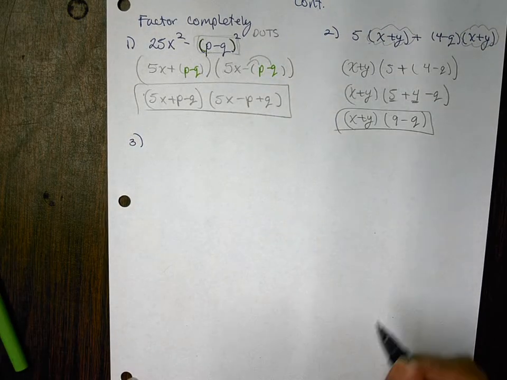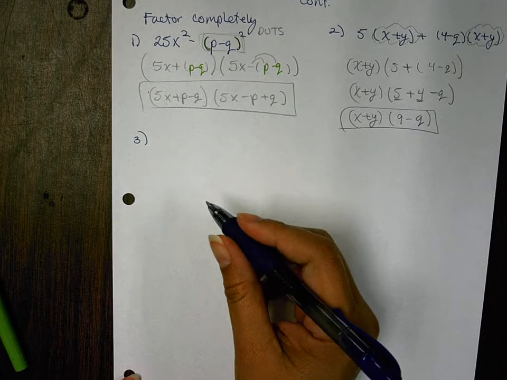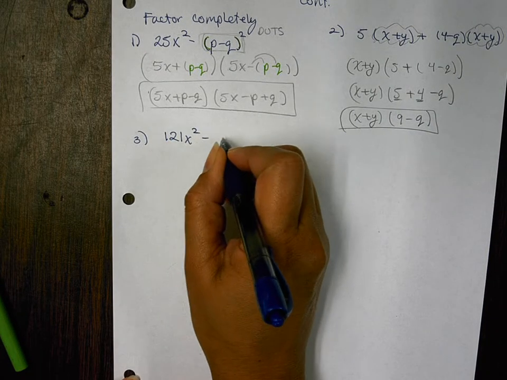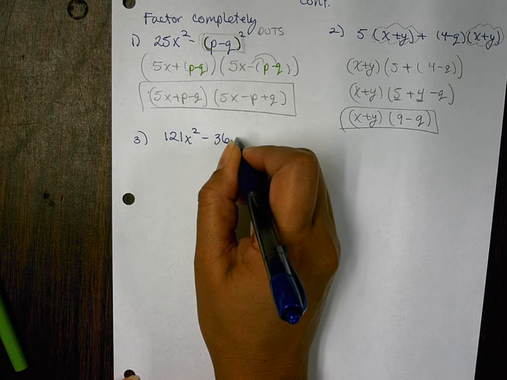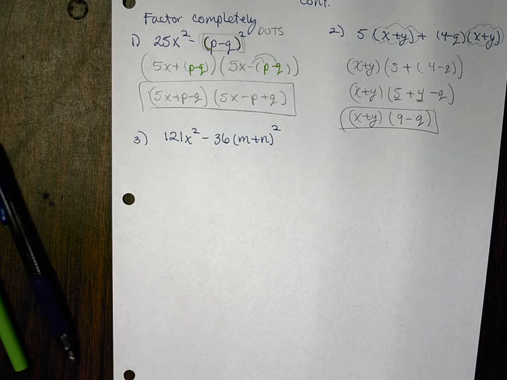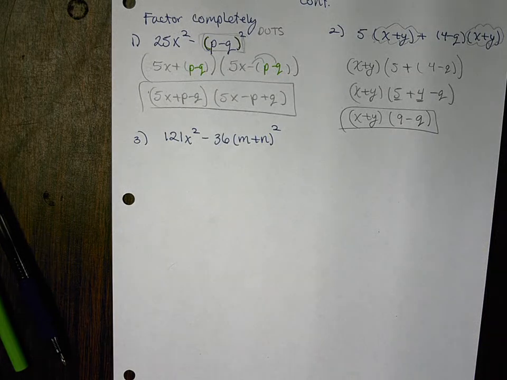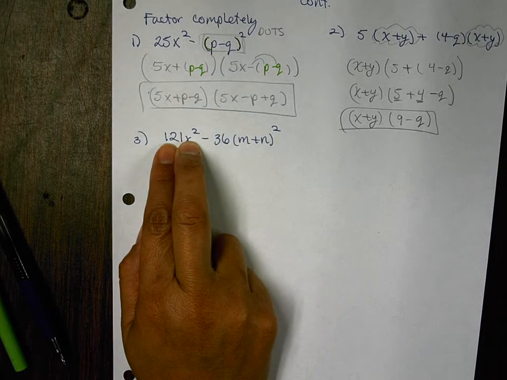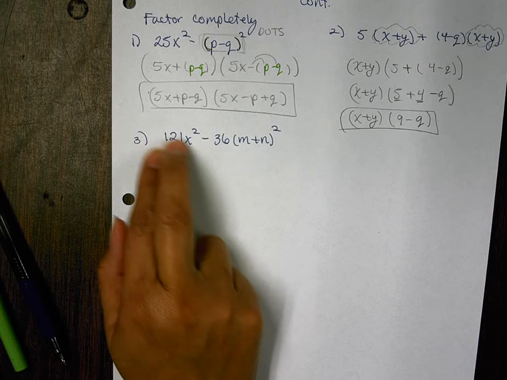Remember, make notes if you have any questions. Number 3. 121x squared minus 36(m plus n) quantity squared. Okay, this one is similar to number 1 in the fact that there's two terms and they're both perfect squares. Here's my first term, 121x squared, and it's a perfect square.